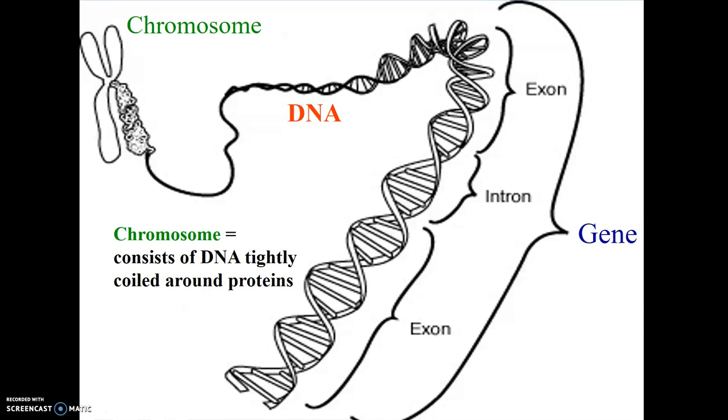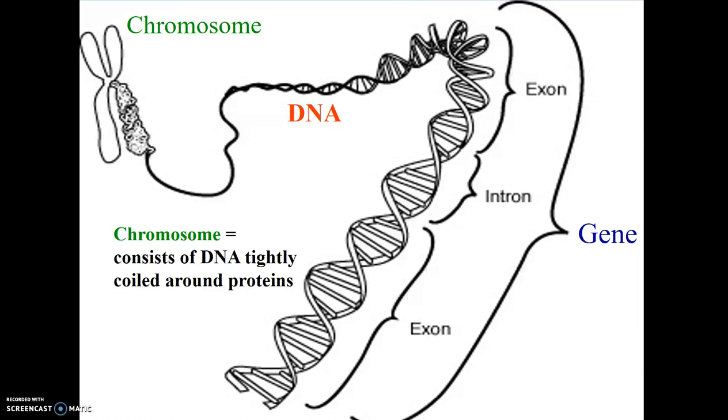Now, to define this word chromosome, it's just a single continuous strand of DNA that's tightly wrapped or tightly coiled around proteins. Your DNA is not always in this chromosome structure. In fact, during the majority of the cell cycle, it's in what we call chromatin structure. It's loosely packed around specific proteins.